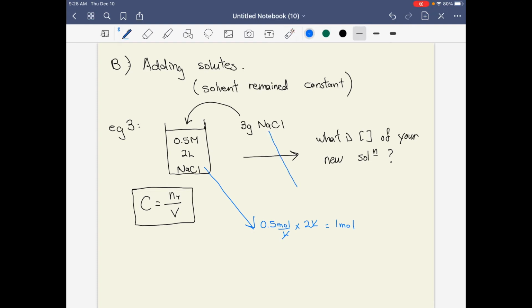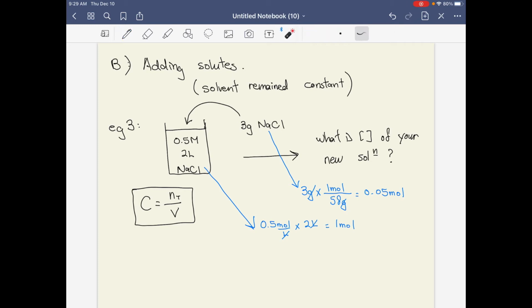Here, okay, you have 3 grams of NaCl that you're adding in. What's the mole? Well, we know how to do that, okay? 3 grams of NaCl is really just, quickly, let me just do this division. I can't do that in my head. It's really 0.05 mole. Just rounding it to your nearest hundredth, okay?